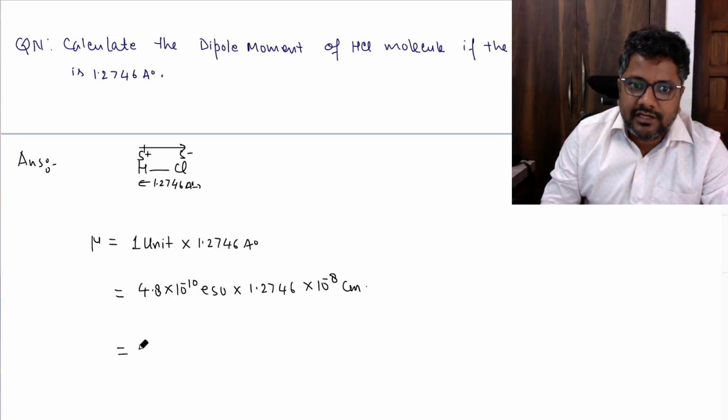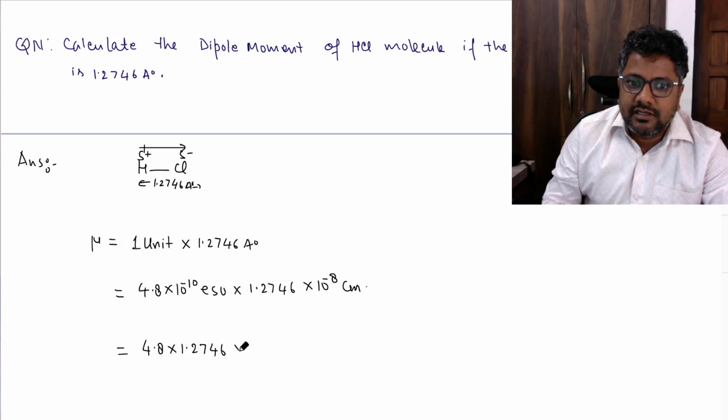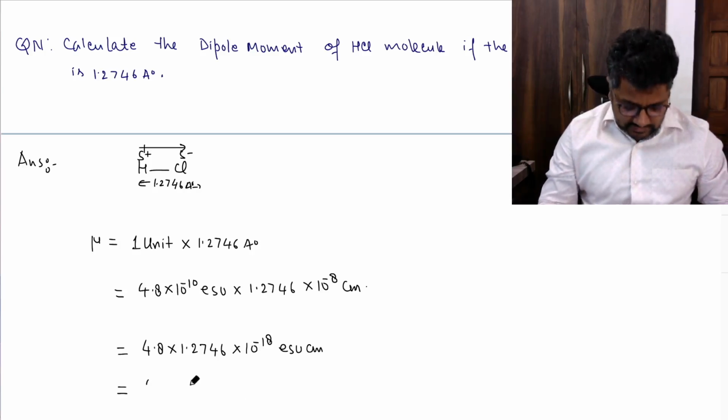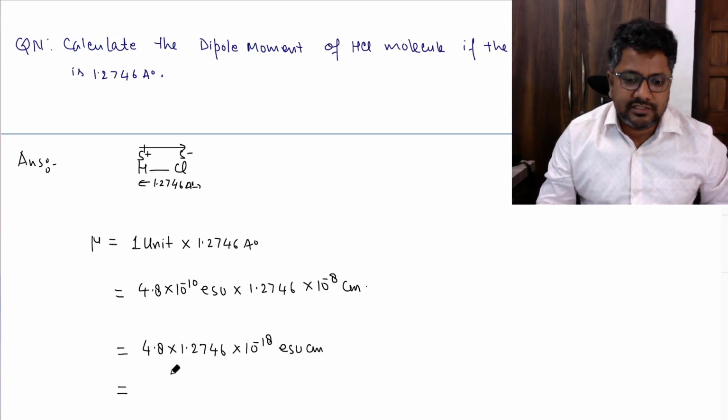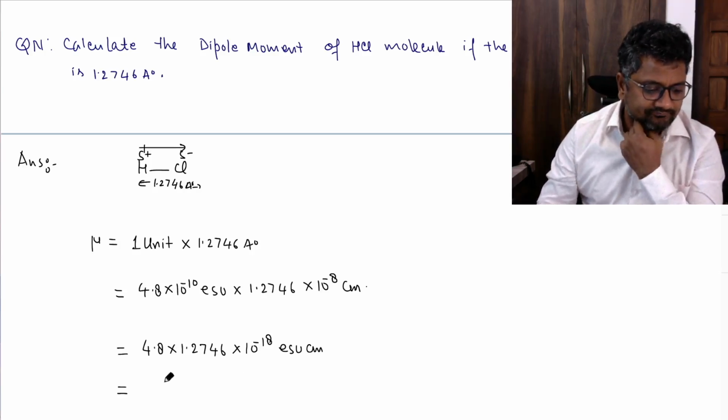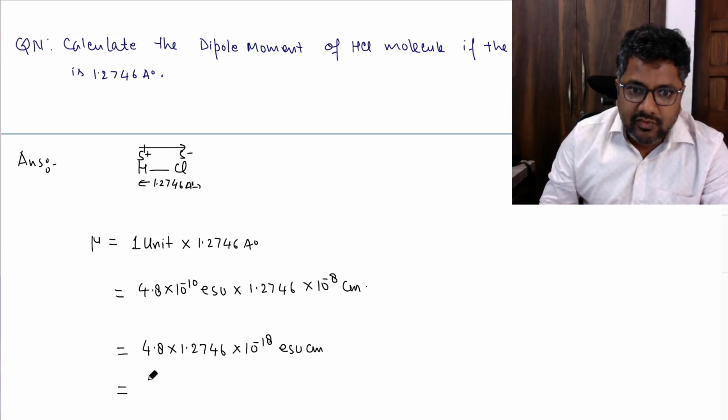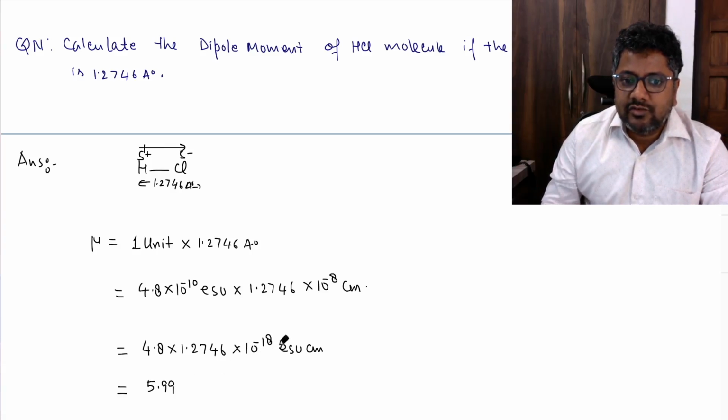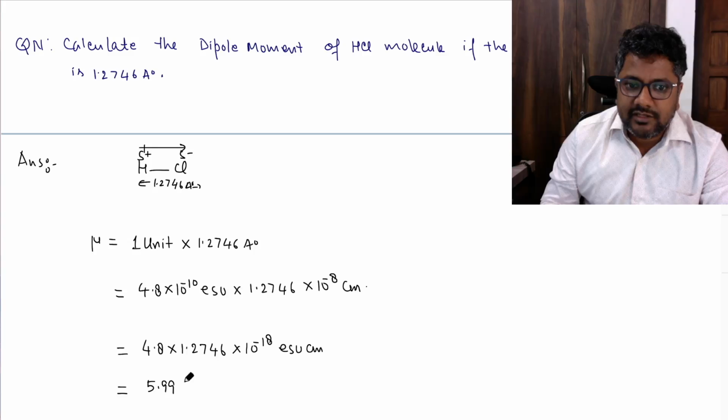So you can write 4.8 multiplied by 1.2746 into 10 to the power minus 18 ESU into centimeter. This is equal to, I think, 5.99, and 1.0 into 10 to the power minus 18 ESU into centimeter is equal to Debye.